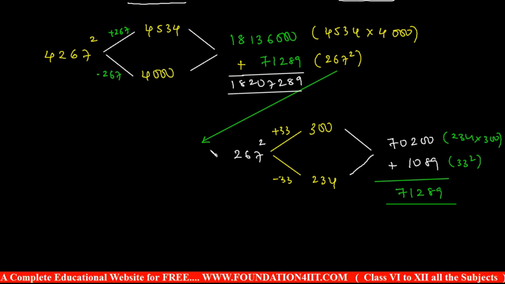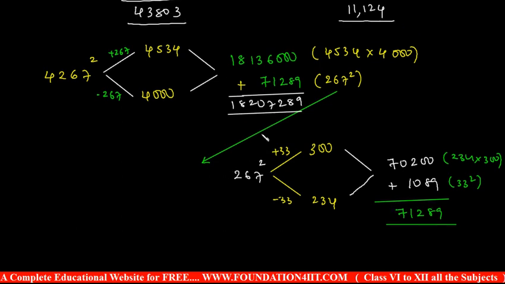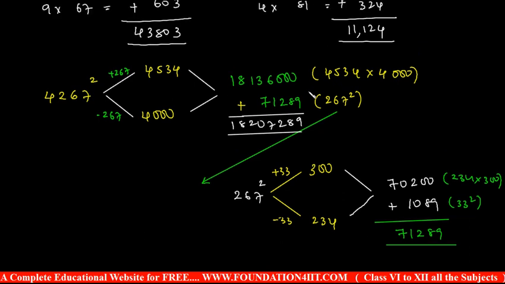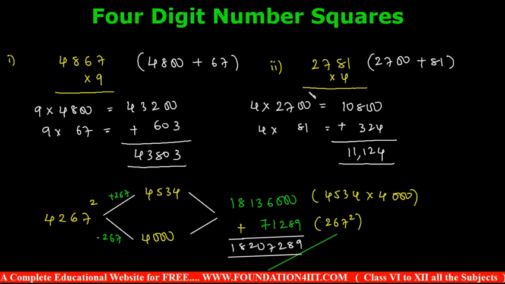This concept is easy because you are already perfect in 3-digit number squares. The main thing is the same concept, plus or minus, that we proceed with. First practice single-digit multiplication with 4-digit numbers, then apply this concept. It may need more practice. Next, let me show you some 3-digit by 2-digit number multiplication in different methods.